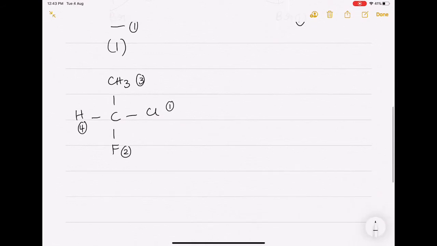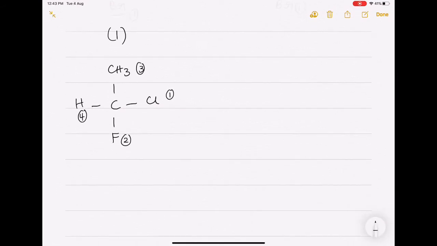In such cases, when the order is not very obvious, we have to rearrange the atoms in this molecule in a way that 4 comes to the bottom. So for that, we have to move 4 here, and as a result, 2 will move here, and 1 will move here.